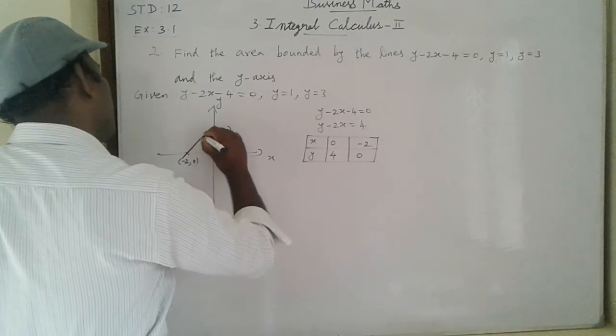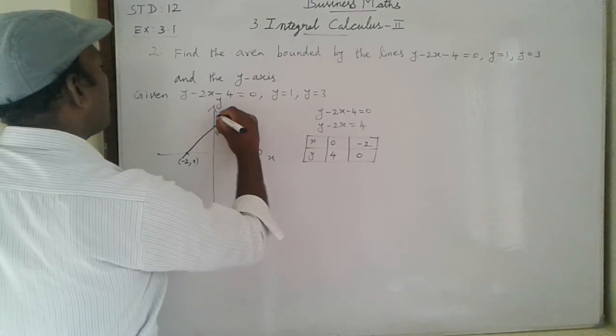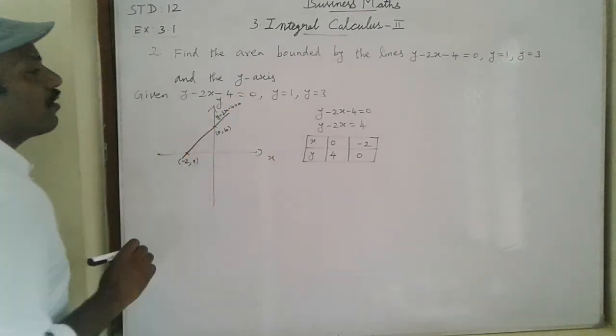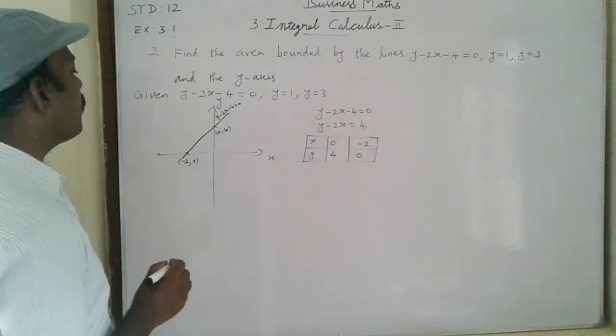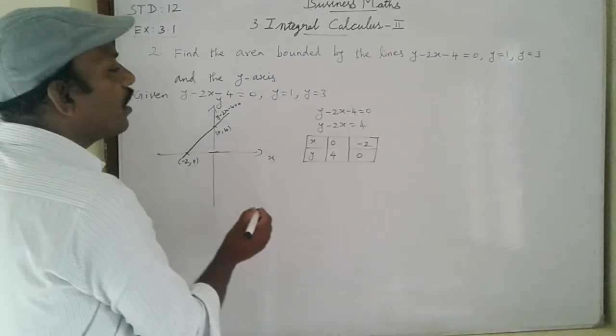Draw a line. This is the equation y minus 2x minus 4 equal to 0. That's on the graph.